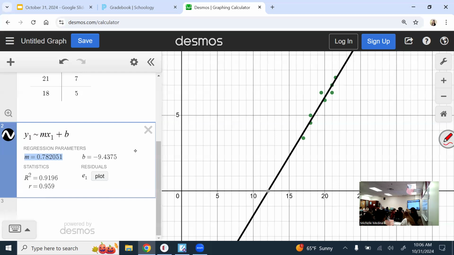So for my one with technology, you can put this formula under number 2. It's y equals 0.78x, plus, or not plus because it's negative, minus 9 point, and it just depends what you want to round to.